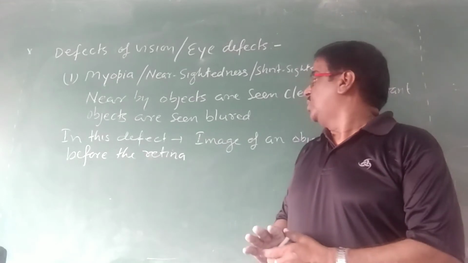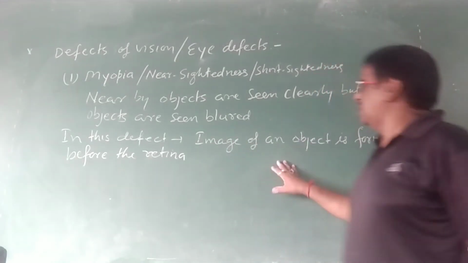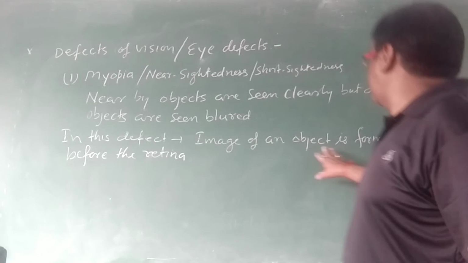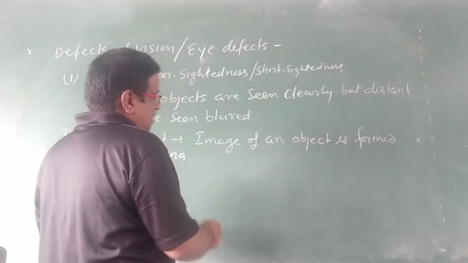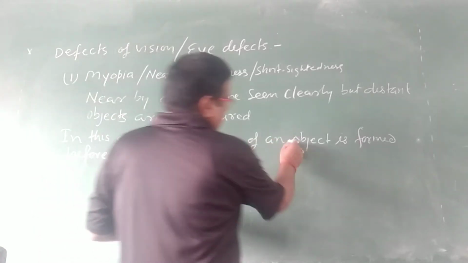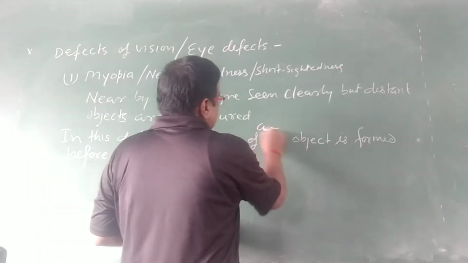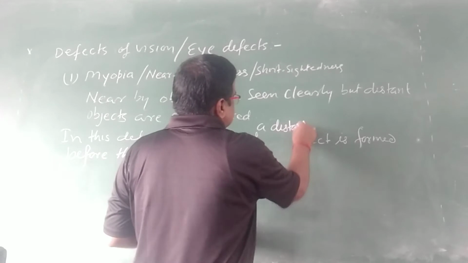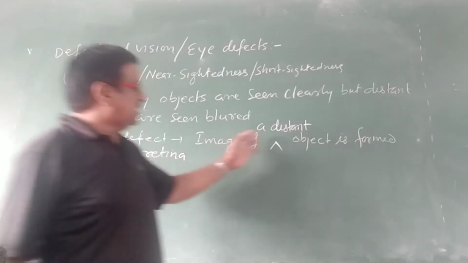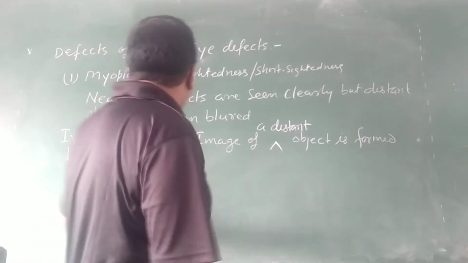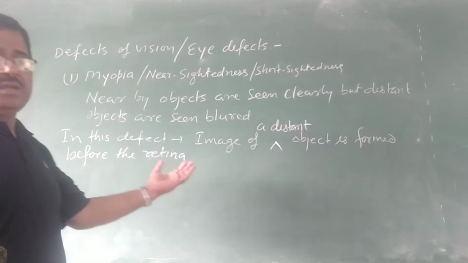So in this defect, the image of a distant object is formed before the retina.